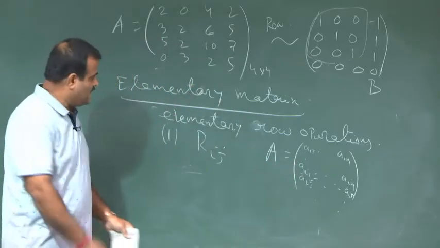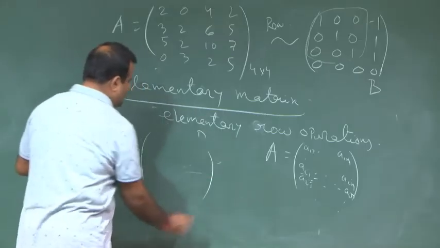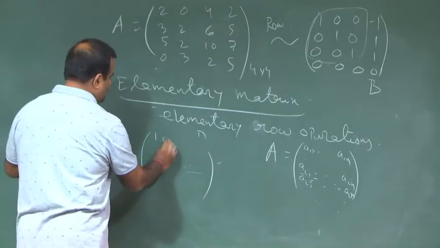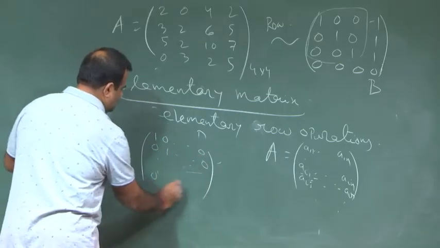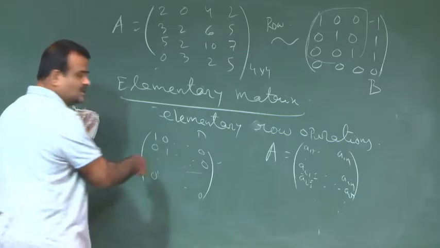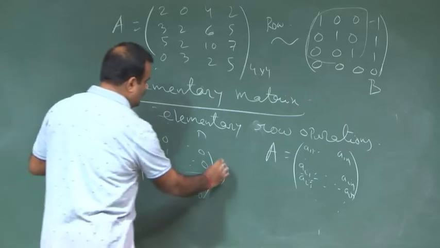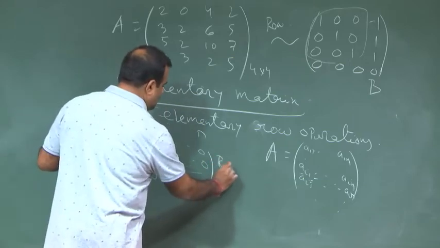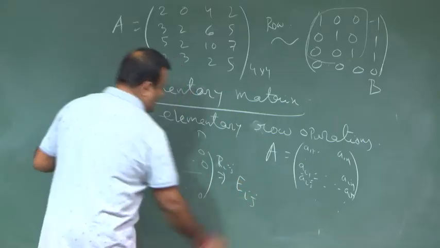This is the same as taking the corresponding identity matrix, 1 0 0, 0 1 0, and doing the same operation on it. This is denoted by E_ij.